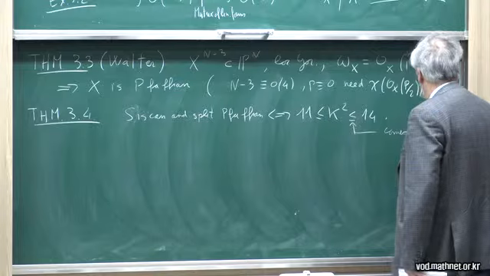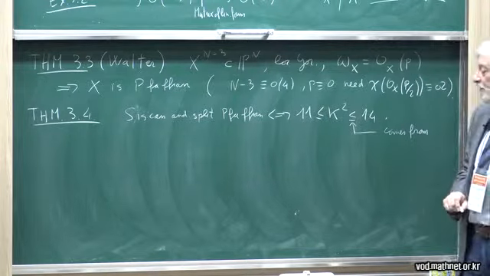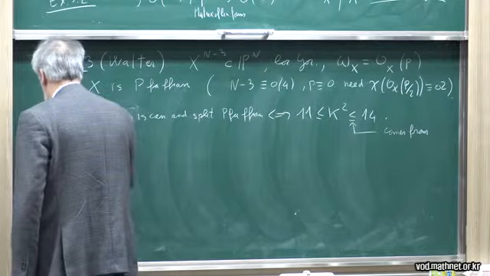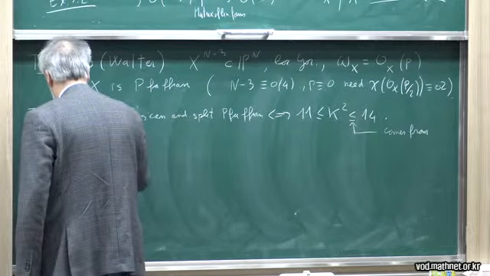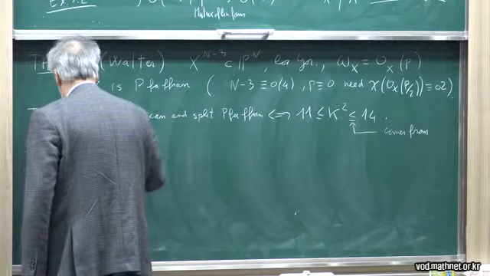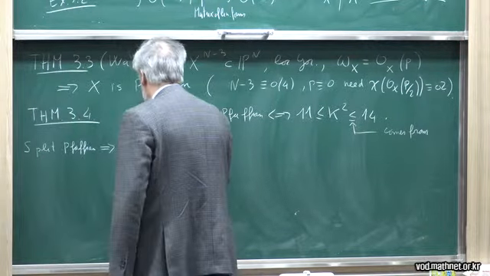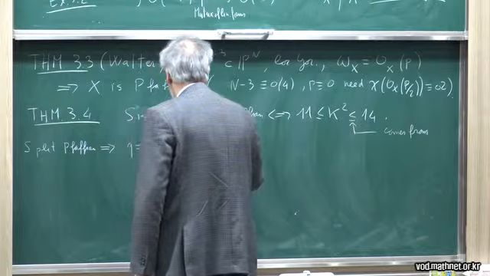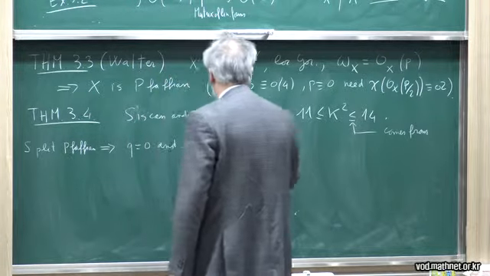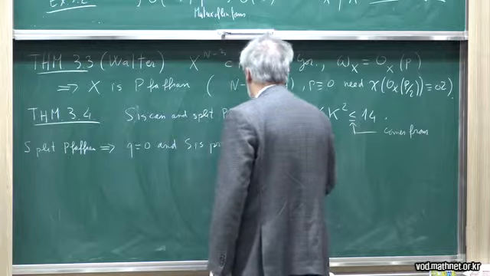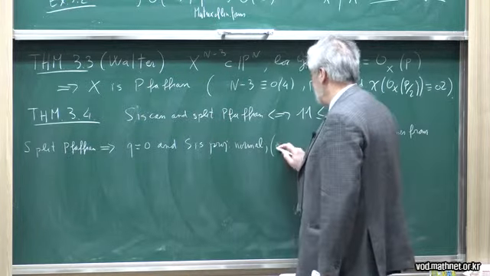If it's split Pfaffian, this implies that Q is 0 and S is projectively normal, because it's arithmetically Cohen-Macaulay.